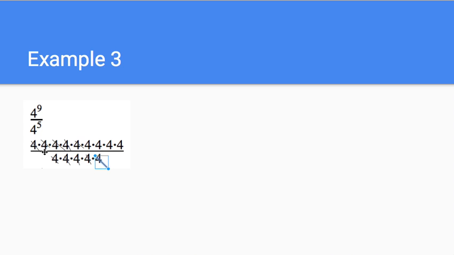On the bottom, all of these 4s, basically they've been divided to equal 1. So it's 4 times 4 times 4 times 4 over 1. Anything over 1 is the same as that number. So we get 4 to the 4th power. After I cancel out everything else, I'm just left with 4 4s. So that's 4 to the 4th power.